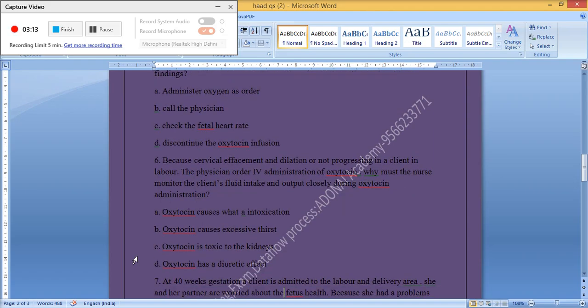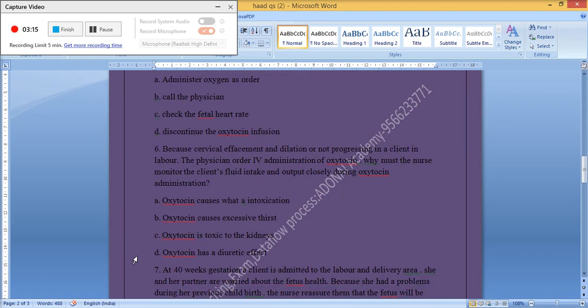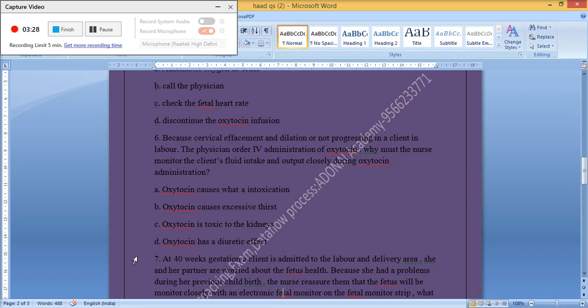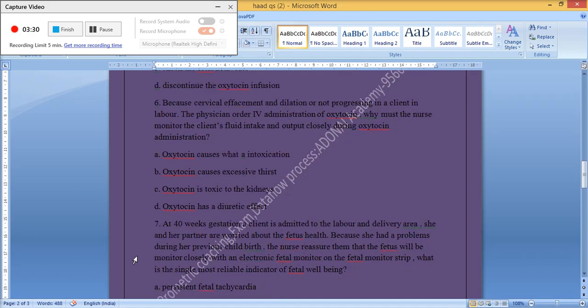6. Because cervical effacement and dilatation are not progressing in a client in labor, the physician orders IV administration of oxytocin. Why must the nurse monitor the client's fluid intake and output closely during oxytocin administration? A. Oxytocin causes water intoxication.